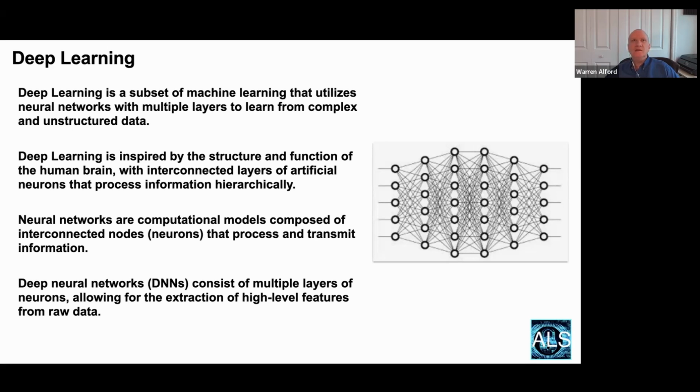Deep learning is a subset of machine learning, and it uses neural networks with multiple layers to basically build a complex structure. So the neural networks themselves are like what they call nodes, or they refer to them as neurons.